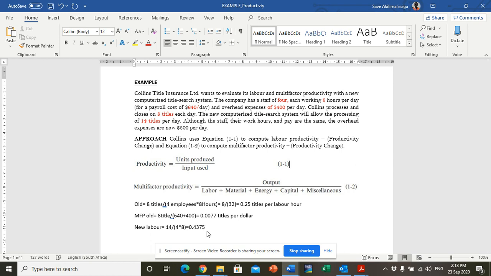And the unit is still the same, titles per labor hour. So this is how you calculate labor productivity, which is also called single factor productivity.